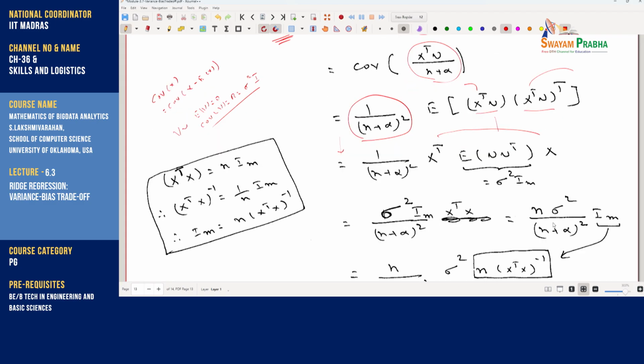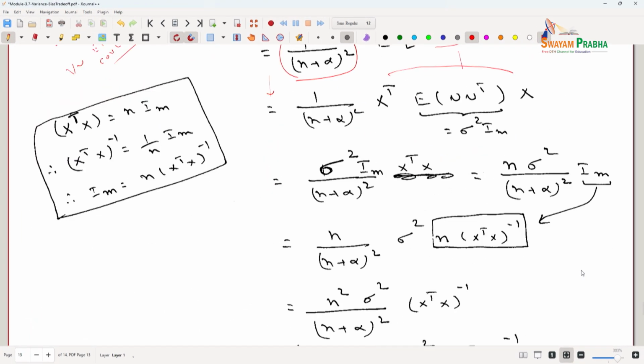Therefore, this whole expression becomes n times sigma square by n plus alpha square Im. But we already know x transpose x is equal to n times I. I hope you are all with me now.